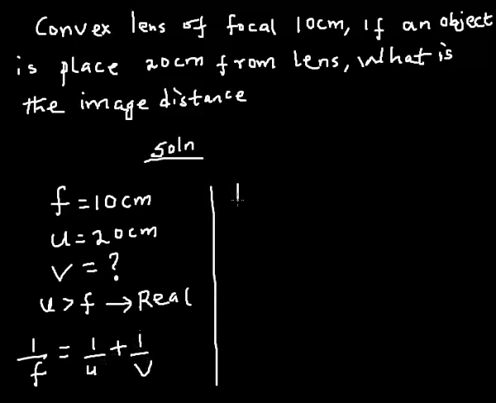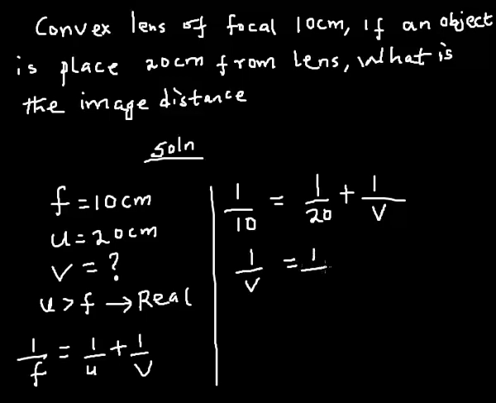So that's going to be 1 over 10 equal to 1 over 20 plus 1 over v. Making 1 over v the subject, 1 over v is equal to 1 over 10 minus 1 over 20.